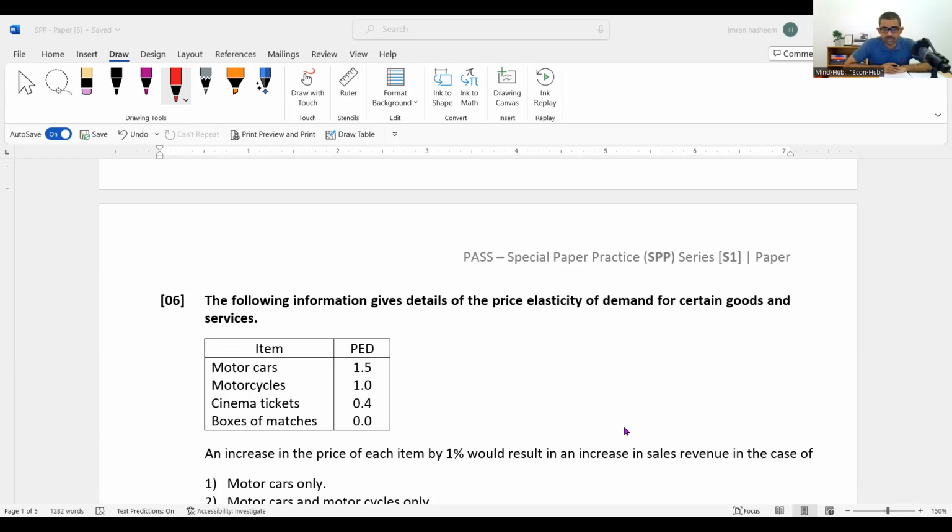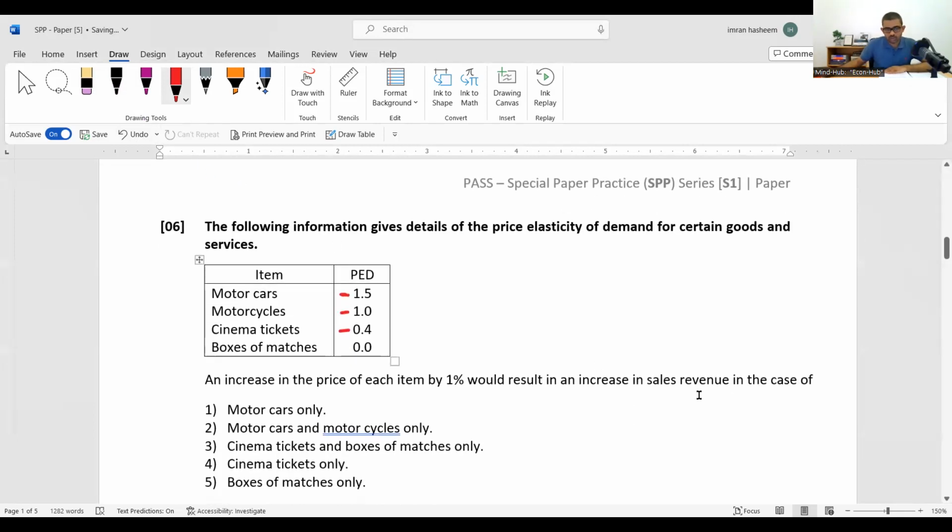We have motor cars, motorcycles, cinema tickets, and matchboxes. Apart from the last one, for all of these it's basically minus 1.5, minus 1, minus 0.4.